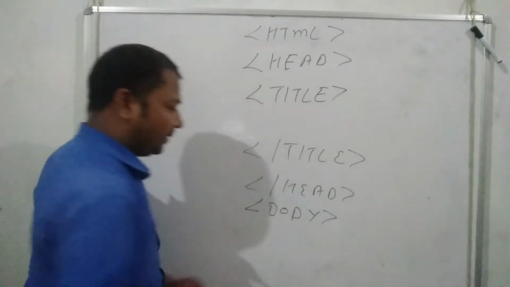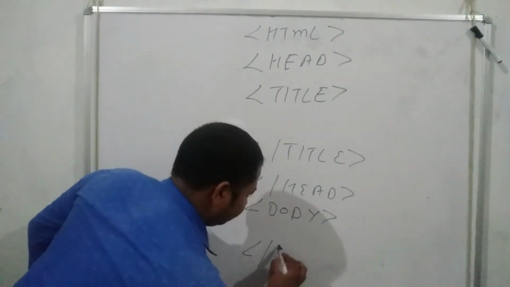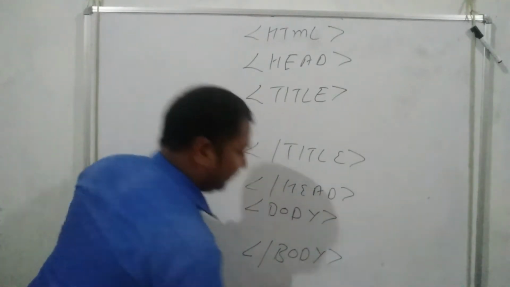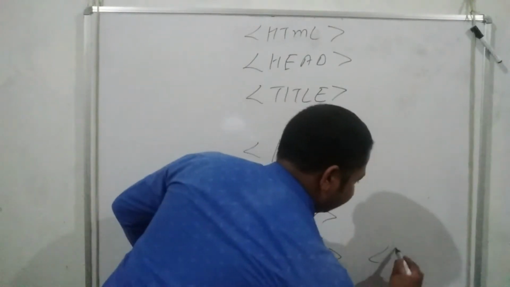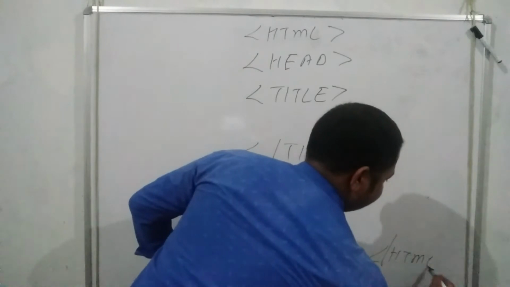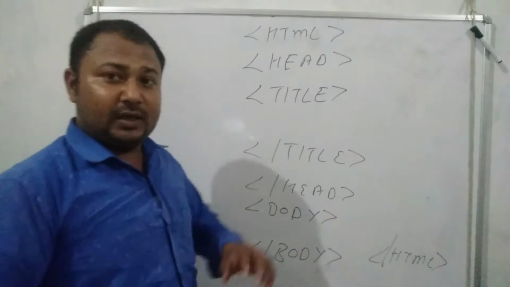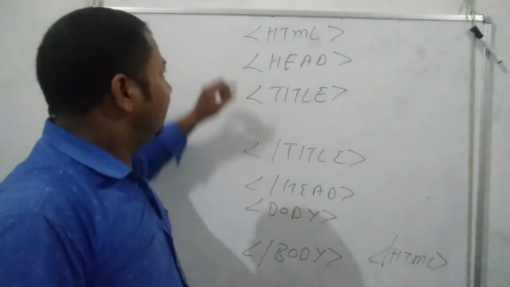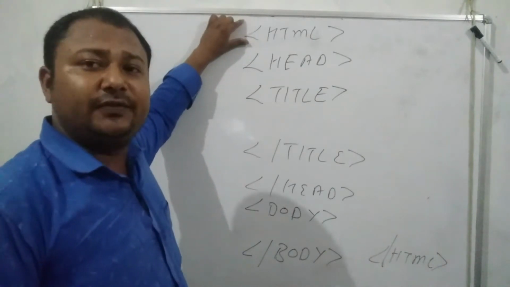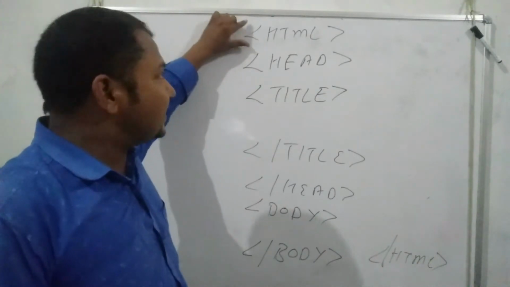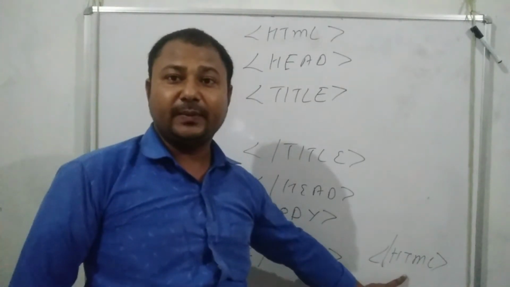The body part will start from here and close here, and at last our HTML tag will close. My dear student, HTML will start at the top of the program, and the same tag will close at the end of the program.